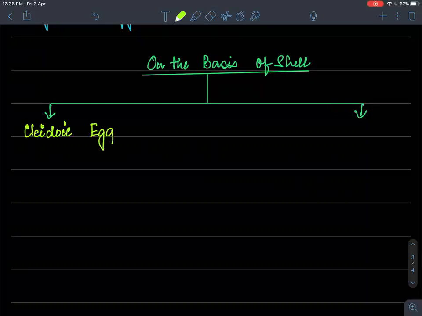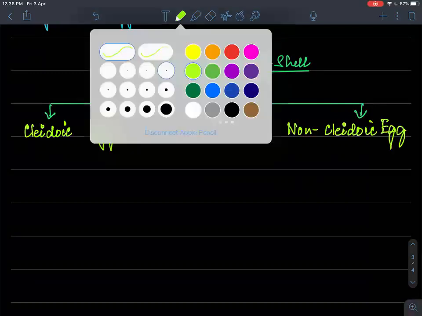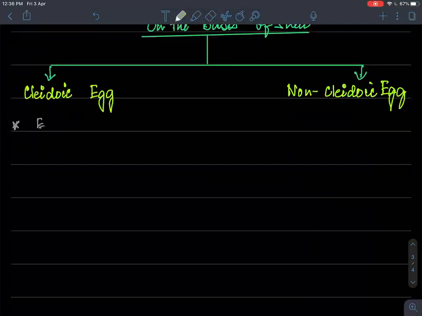Let's look into their definition and examples. Cleidoic eggs are eggs covered by a hard shell.